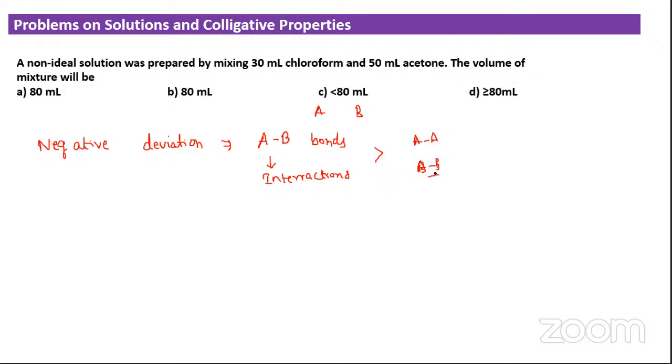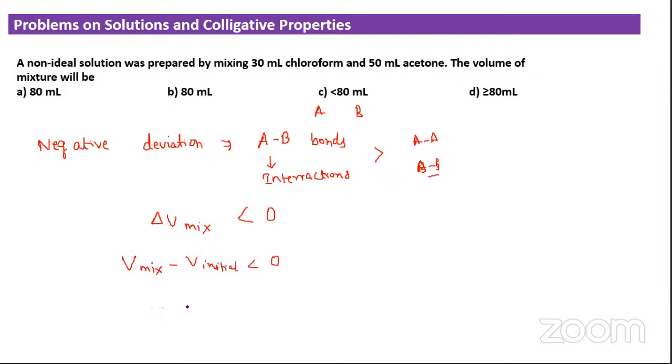So this is the particular characteristic of negative deviation. So in negative deviation you have delta V of mixing less than 0. Okay, so obviously volume of mixture minus initial volume will be less than 0.